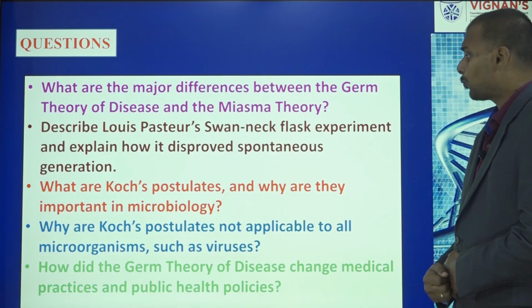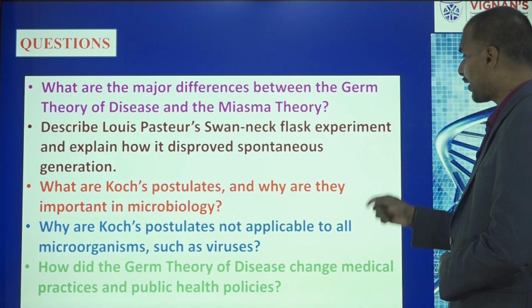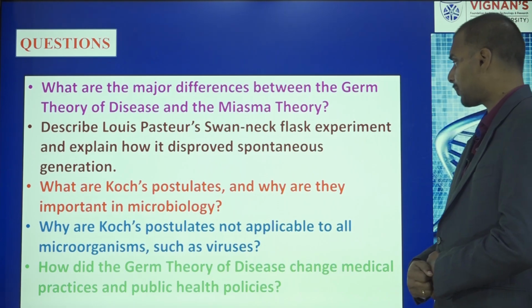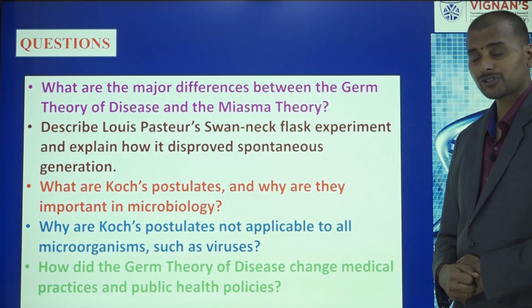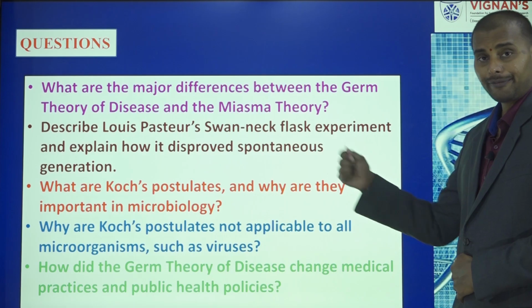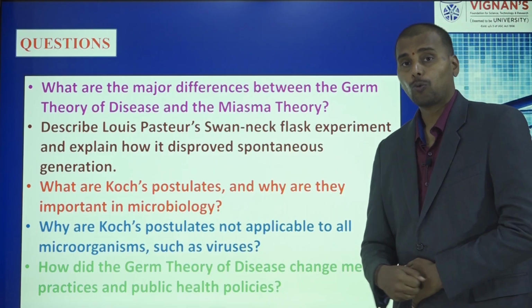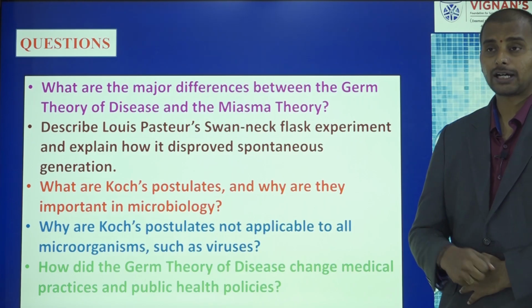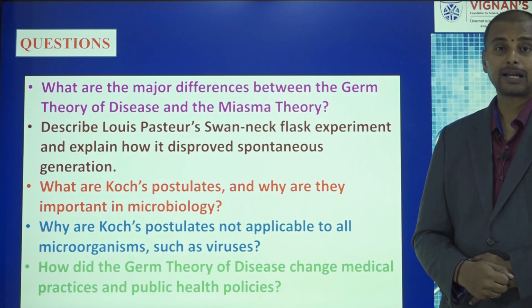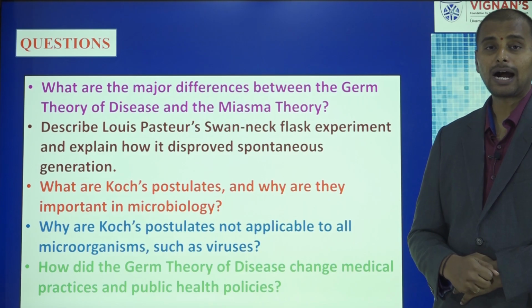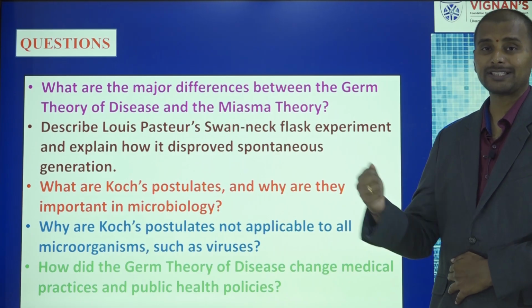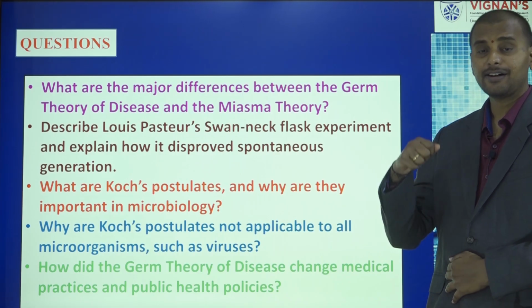And the third question: what are Koch's postulates and why are they important in microbiology? The 4 Koch's postulates we have discussed. They provide for the identification of a microorganism and the disease it is causing. It establishes the relationship.